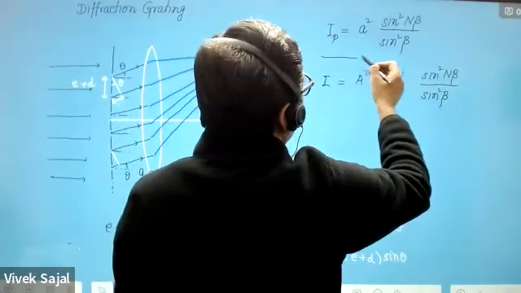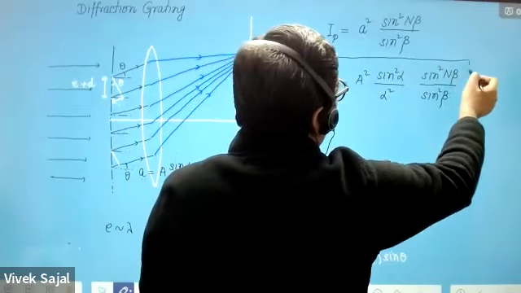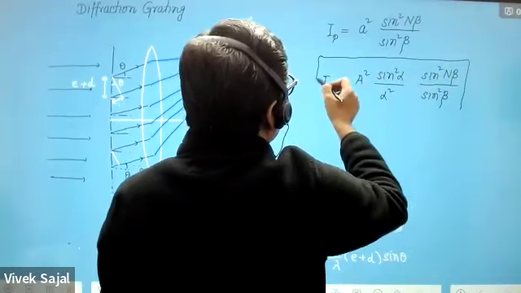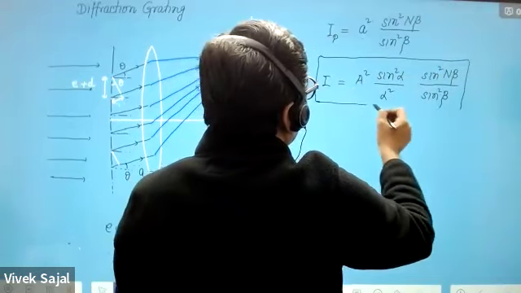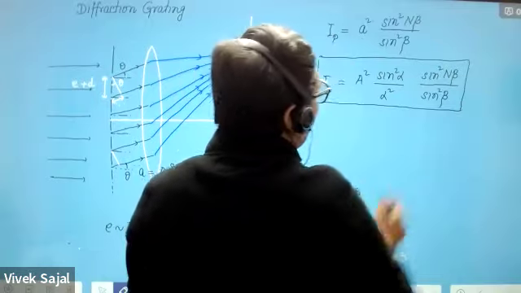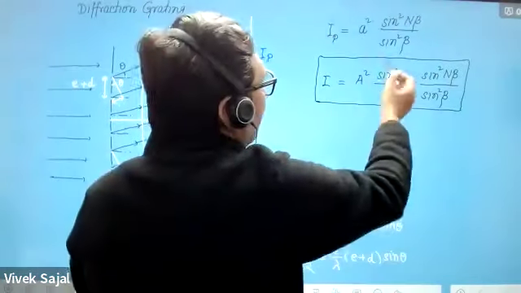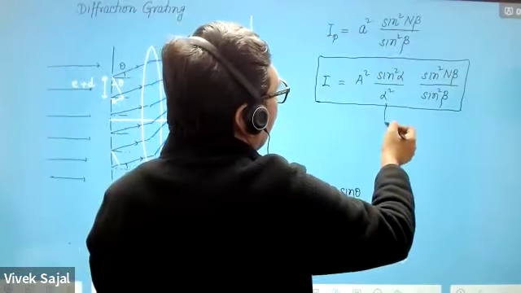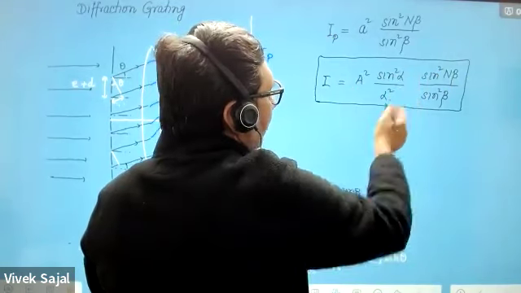So this is the expression of intensity on the screen. You have to remember this. What is this part, sine squared alpha upon alpha squared?